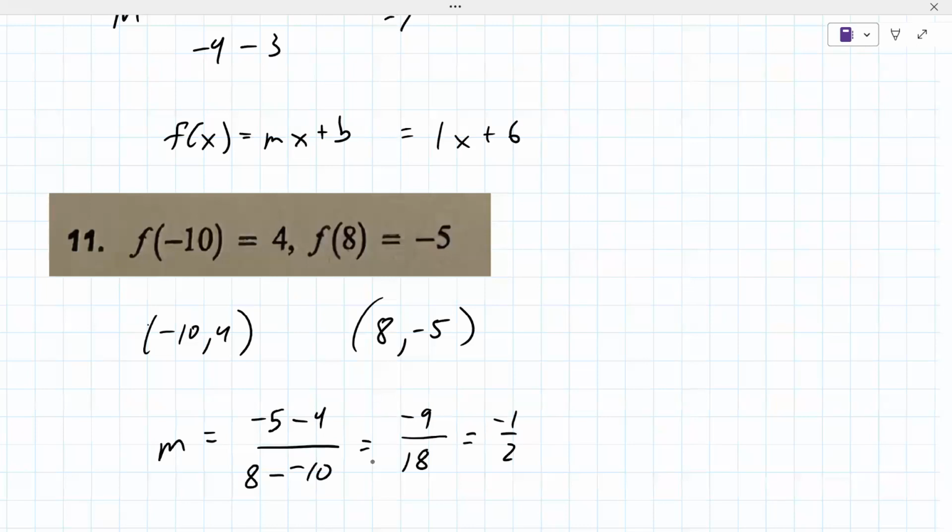And then for number 12, I got f of x equals 6, just 6.